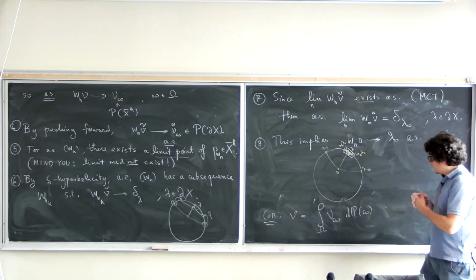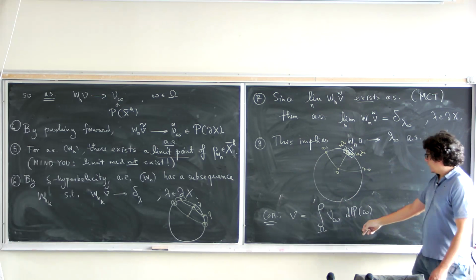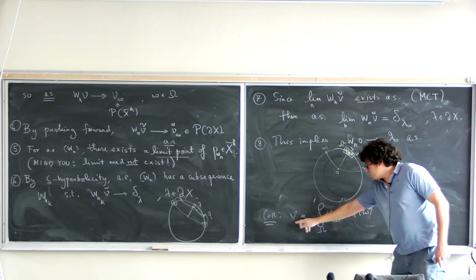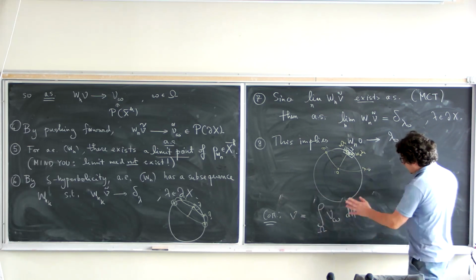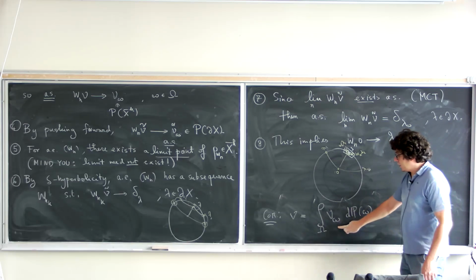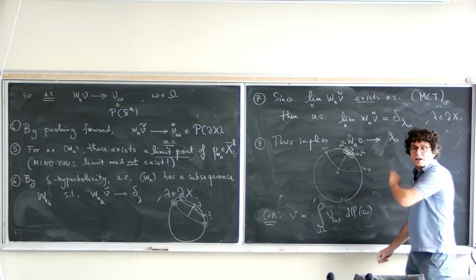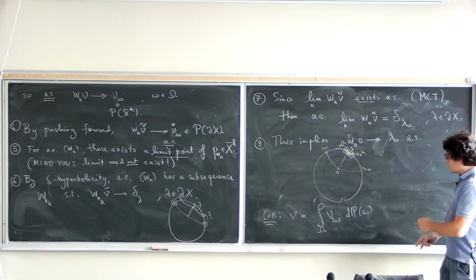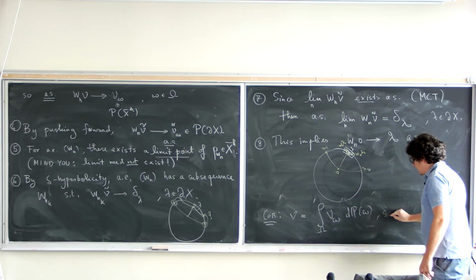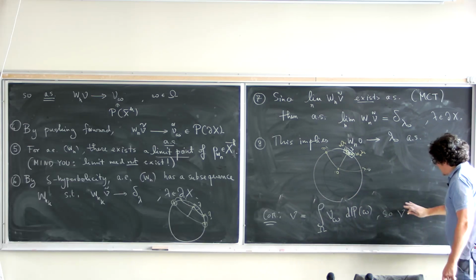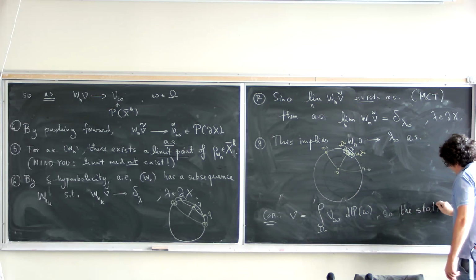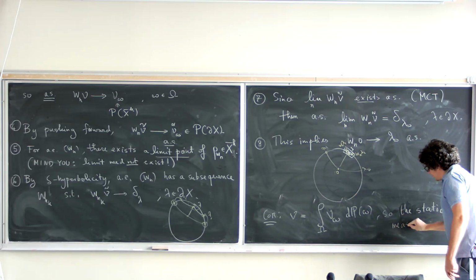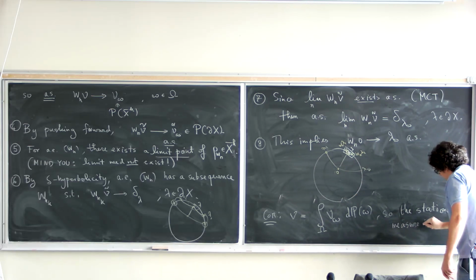Now if you take the limit, the original measure is still the integral on infinite paths of each of these measures for each path. And so as a corollary, the stationary measure is unique.